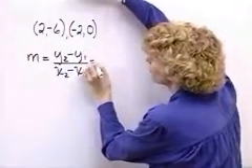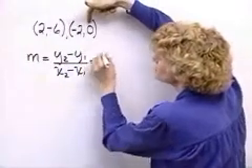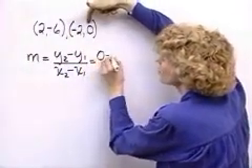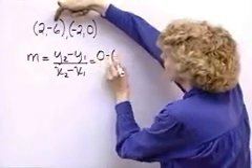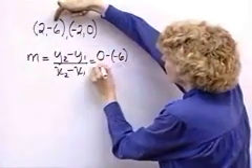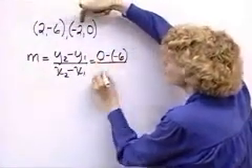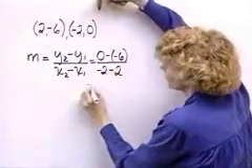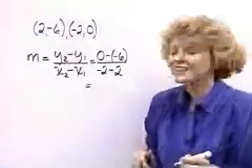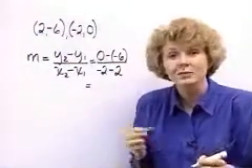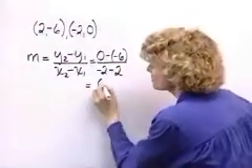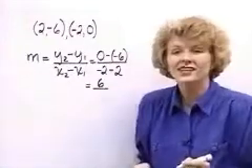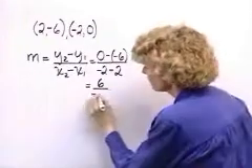And so by our formula, y sub 2, this y value minus this y value over this x value minus this x value. And 0 minus a negative 6, that's 0 plus 6, or 6. Negative 2 minus 2, that's negative 4.